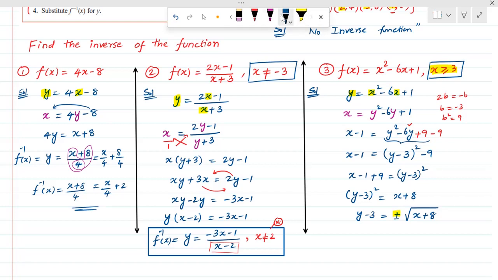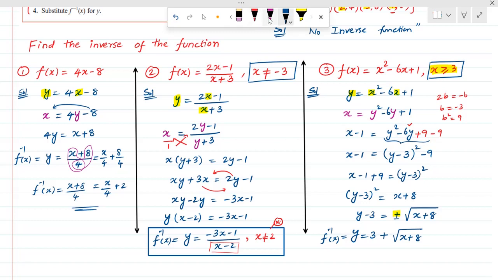So here y = 3 + √(x + 8). We are not taking minus because of the domain. If the domain is less than, we will take the minus part. So this is the f inverse: 3 + √(x + 8).